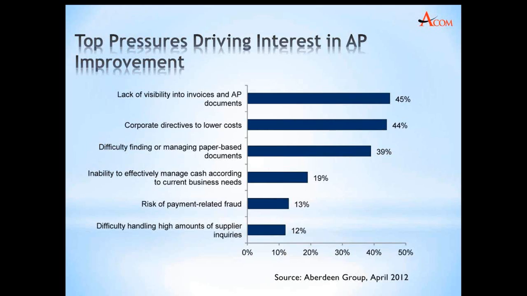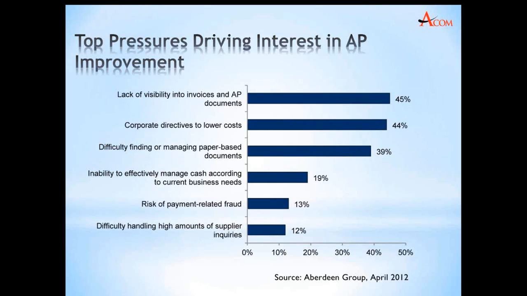Now, in terms of AP automation, the way we have looked at it is that all people who are involved with the AP department really have a couple of different kinds of pressures that they are facing. One is an external pressure which could come from senior management or other people in the company. This particular slide, which was put together by a consulting group called the Aberdeen Group, lists the top reasons why the AP department is looking to improve the way they process items.